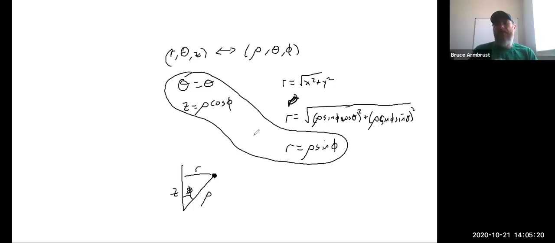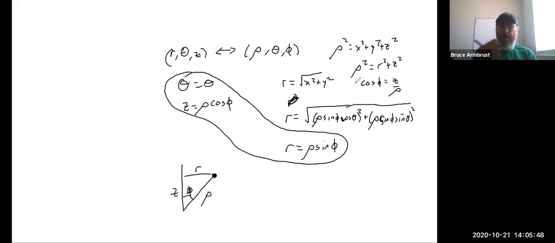You can also do the same thing, like, you know how, for example, we had rho squared equals x squared plus y squared plus z squared. Well, that tells you that rho squared is equal to r squared plus z squared. So if you were given r and z, you could use that to find rho. Again, you already know the thetas. But if you want to find phi, you would just use the fact that cosine of phi is equal to z over rho.